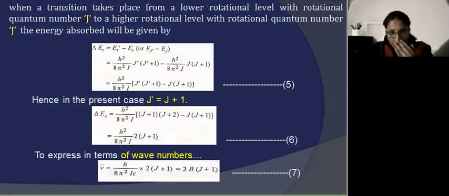Now we have to convert the energy in terms of wave number. We get the equation in terms of wave numbers as h divided by 8 pi square I c into 2 into J plus 1, that is 2B into J plus 1. This is the final equation for the energy levels.